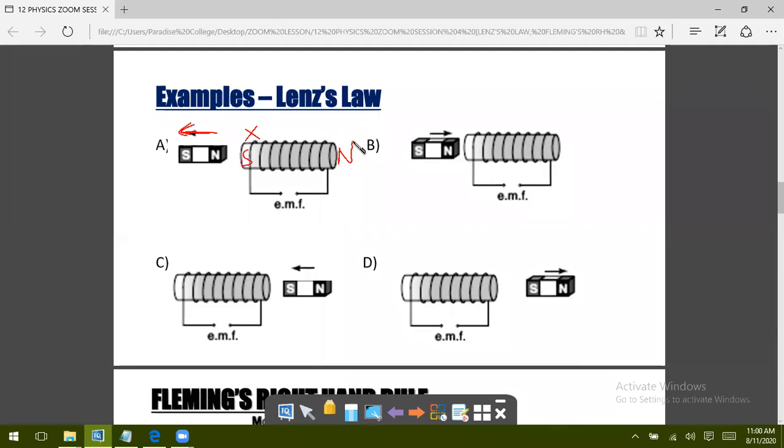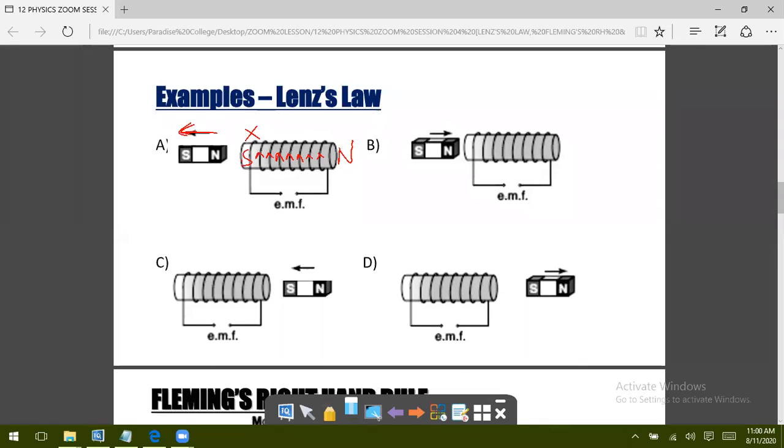So use your right hand grip rule and let's identify the current direction together. I am going to indicate it, and you tell me if it is correct or wrong, okay? Current direction, is that correct? No, Mr. That is wrong.